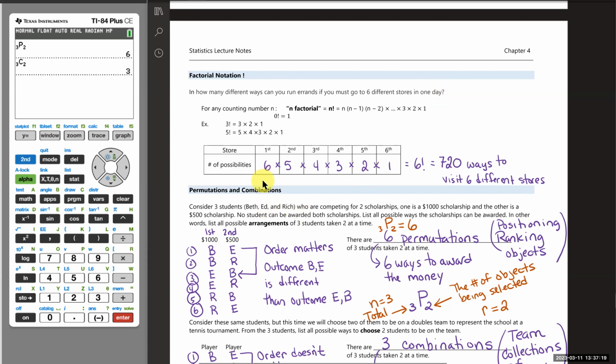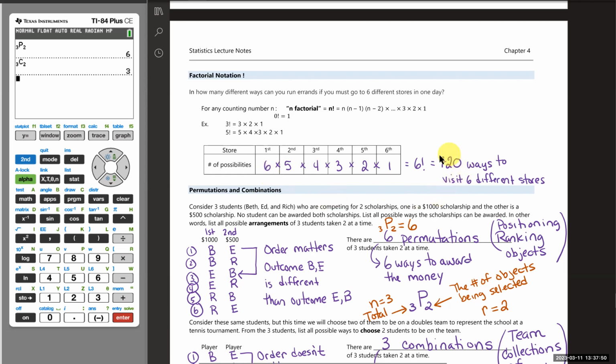So I think I used the example of, for my 6 stores, let's say I need to go to Trader Joe's and I also need to go to Target. So I could go to Trader Joe's first and Target second, or I could go to Target first and Trader Joe's second. Those would be 2 different plans for running my errands that day. So in this case, positioning would matter to us. Where are we going to go first? Where are we going to go second?